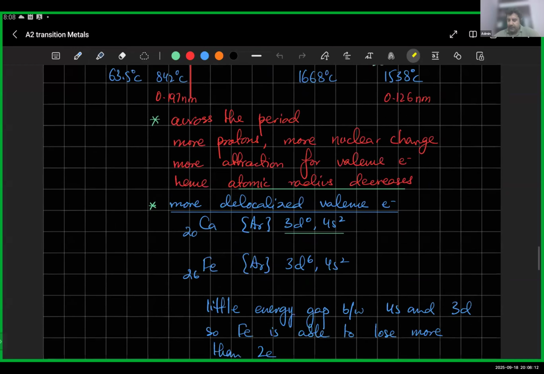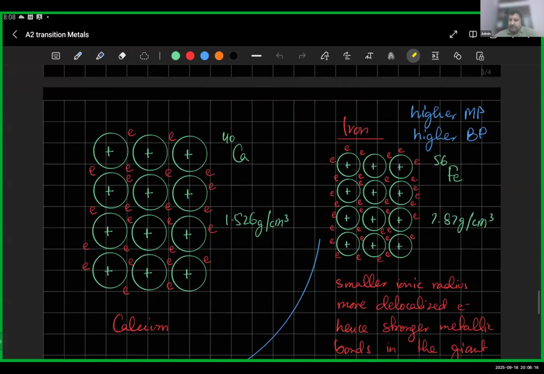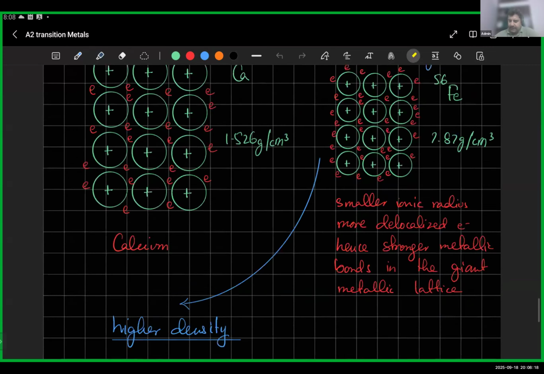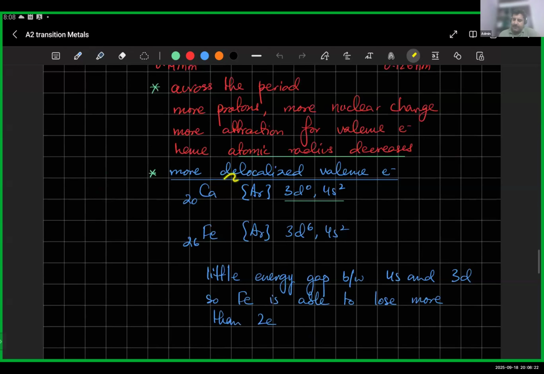The other thing was that transition metal atoms also have more delocalized electrons. Calcium only loses the outer two electrons because the neighboring subshell is empty. To remove more, you have to go all the way inside the shell, and removing those electrons would be very hard.